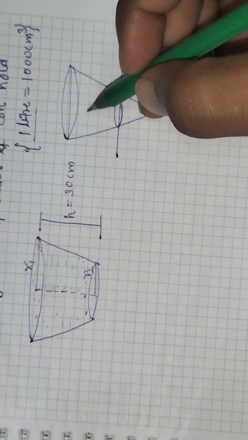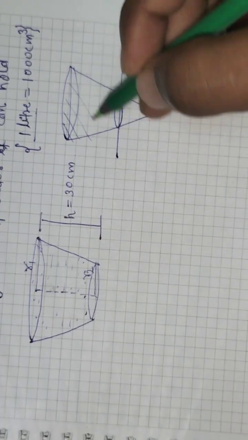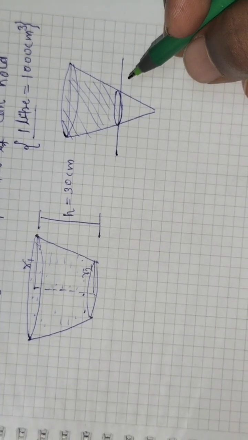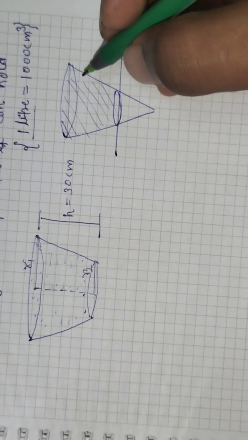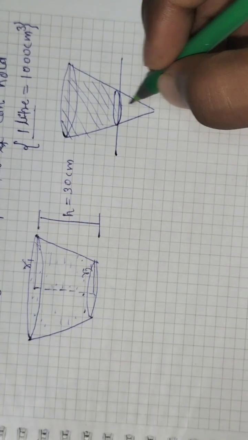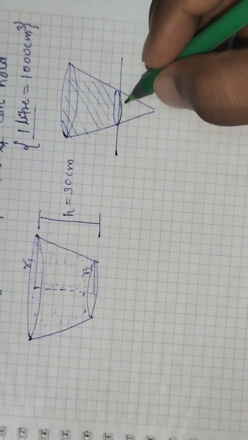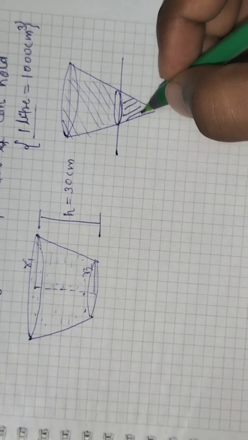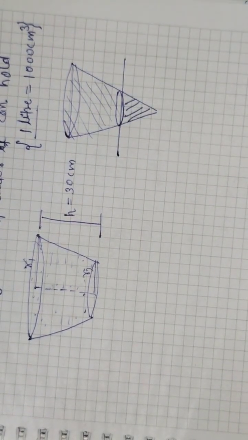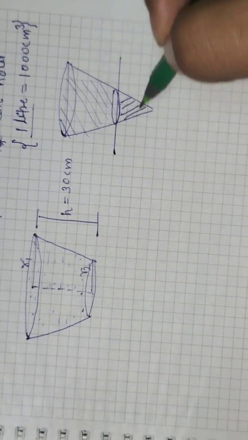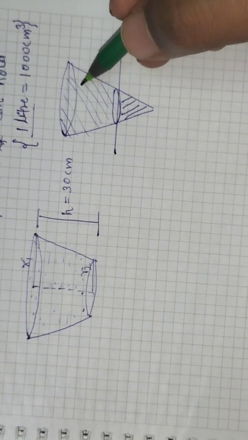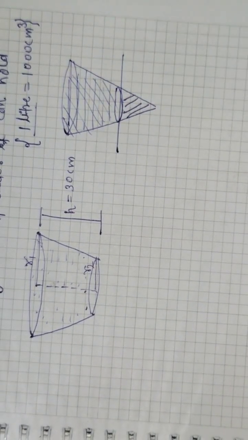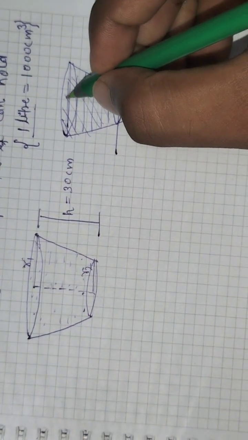So if you want to calculate the volume of this part, what you need to do is remove this volume from the whole volume of the circular cone, then we will get this volume. So we will derive the formula.